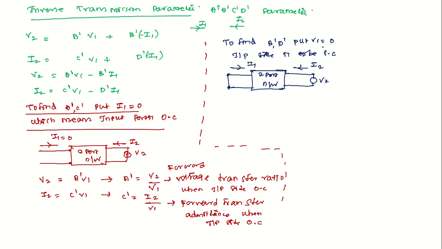Now when you put v1 equal to 0, the equations will be obtained as v2 equal to minus B dash into i1, and i2 equal to minus D dash into i1.